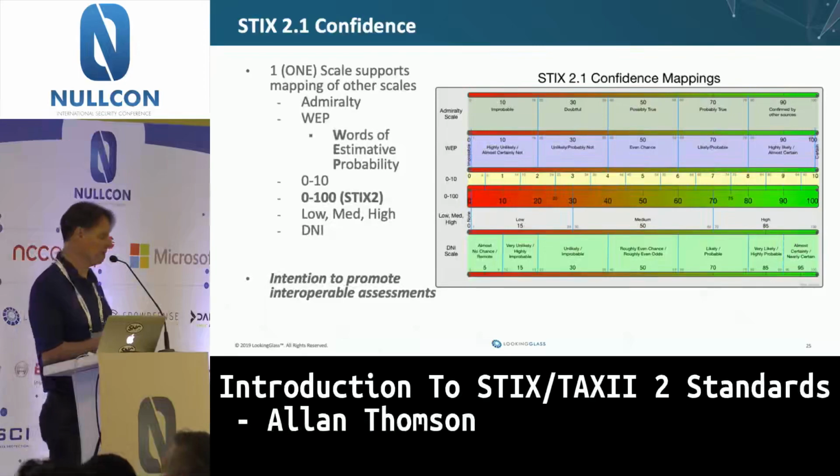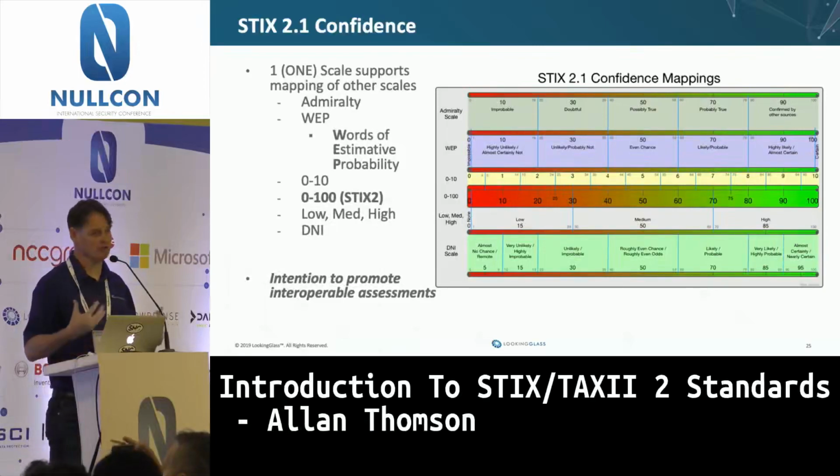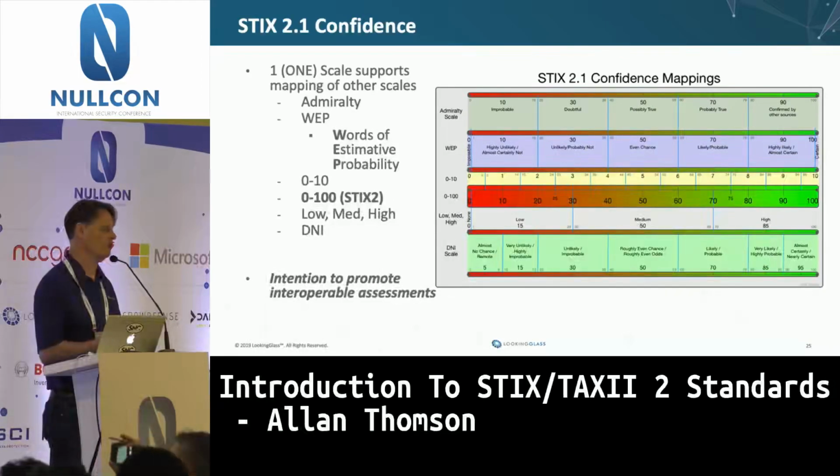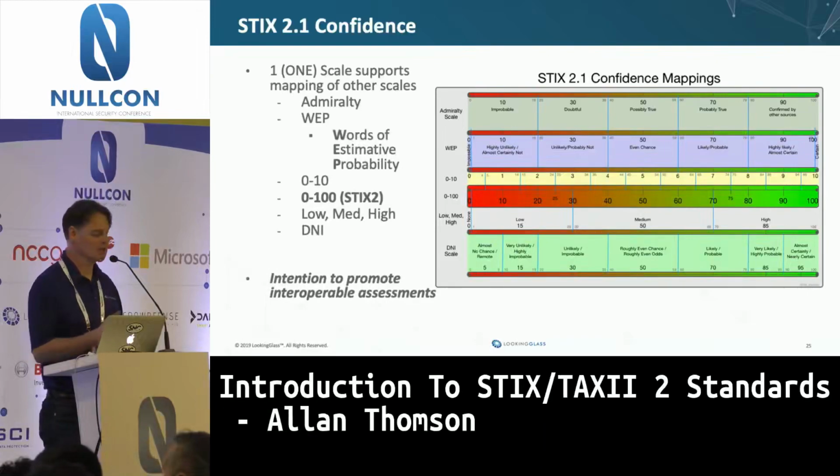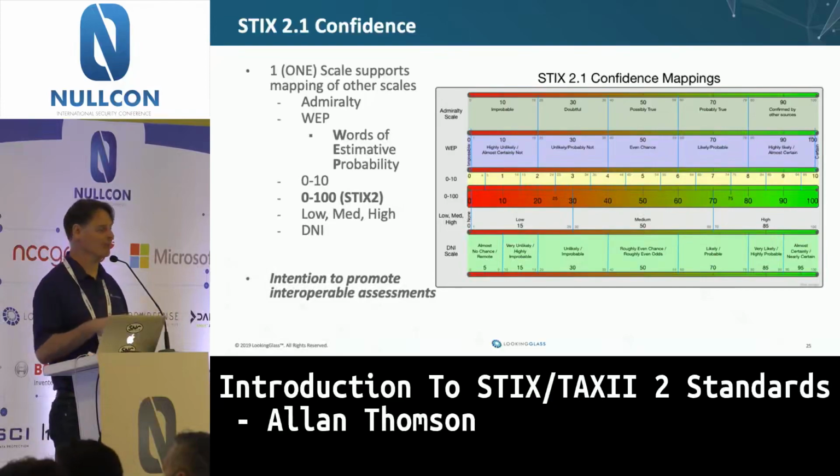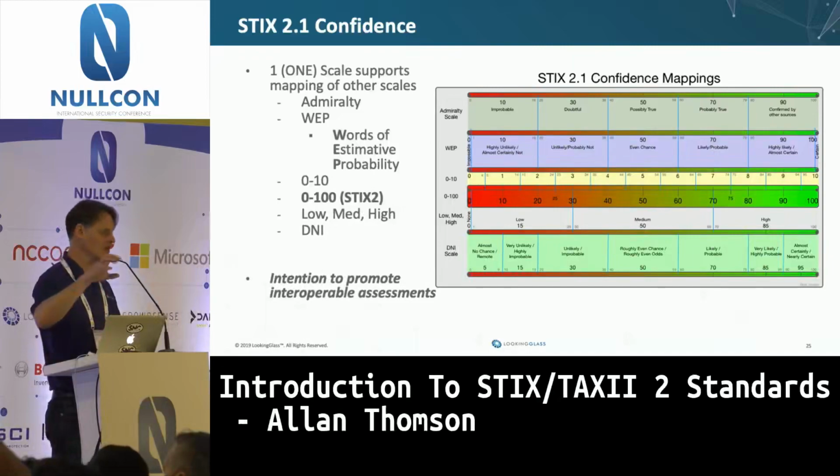One other thing I mentioned was the confidence of the data. STIX2 recognized that there are many different forms of how you represent the confidence of that data. Some people might be familiar with the Admiralty scale, which is one way of doing it, WEP, 0 to 10, high, low, medium. STIX2 recognized that many vendors have legitimate reasons why they want to use different scales.